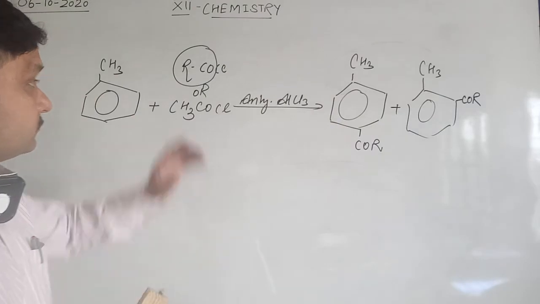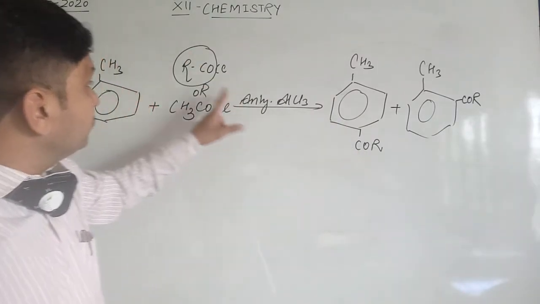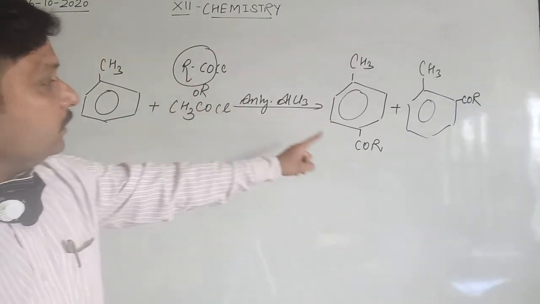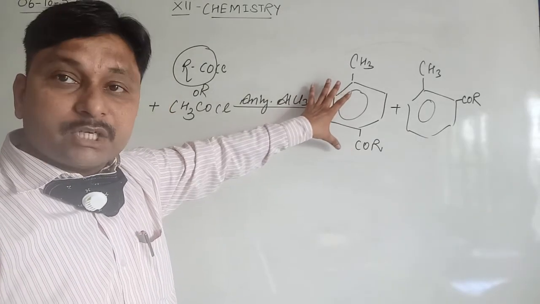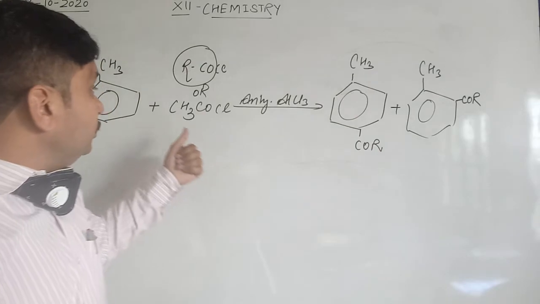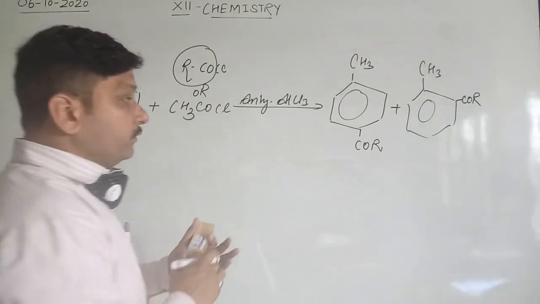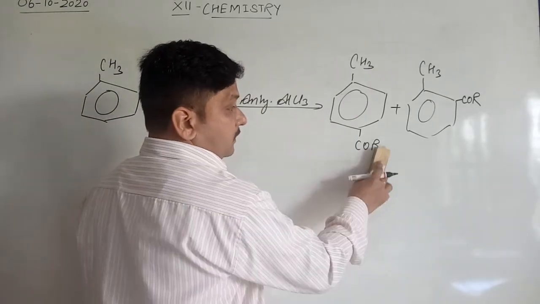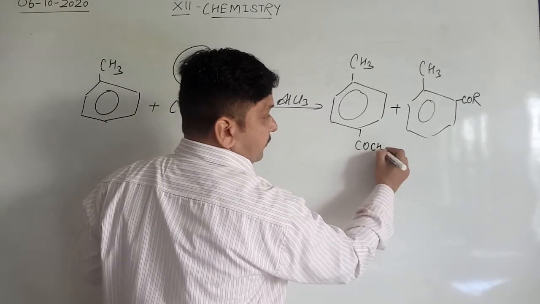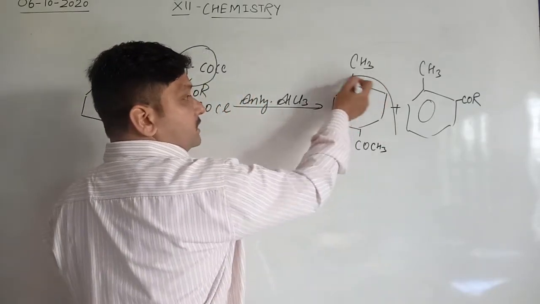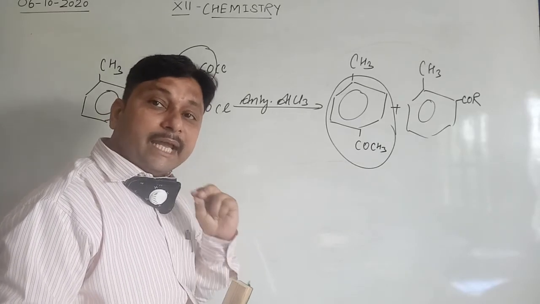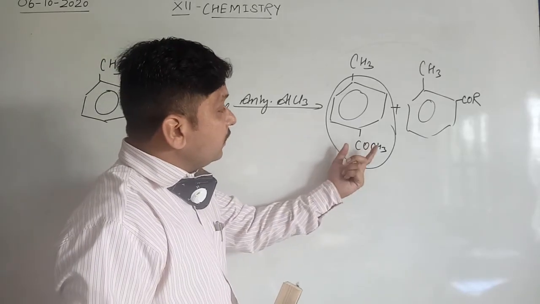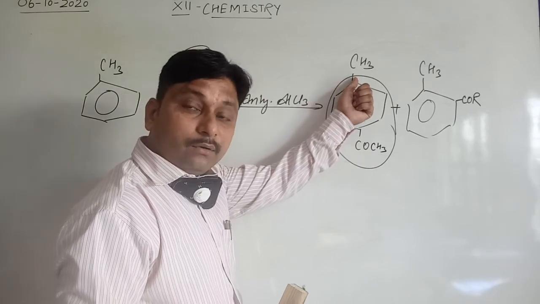So see here, the RCO group, that is the acylinium ion, will attack the ortho position or para position. Clear? So this para compound is the major compound compared to this one. If we use CH3 in place of R, it means this compound is acetophenone. Benzene with COCH3 is known as acetophenone. So this is the para condition now. Clear?